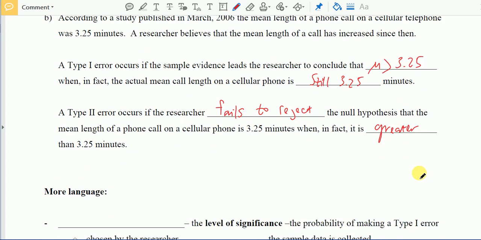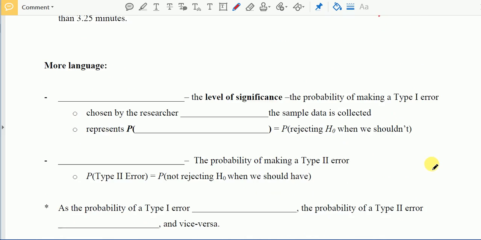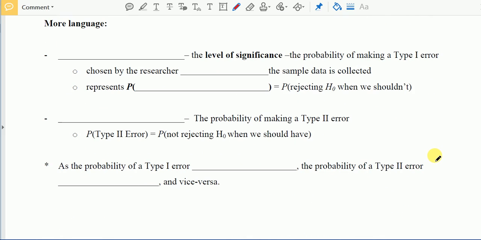Alright, let's go to the next one. Now there's some more language about hypothesis testing. The first one we call the notation alpha. Alpha is called the level of significance, or the probability of making a type 1 error, and this is chosen by the researcher before the sample data is collected.